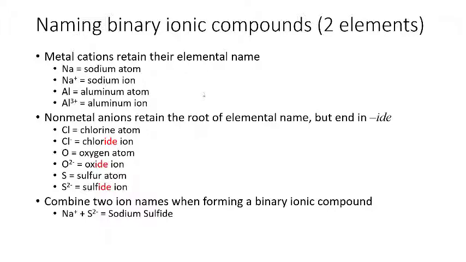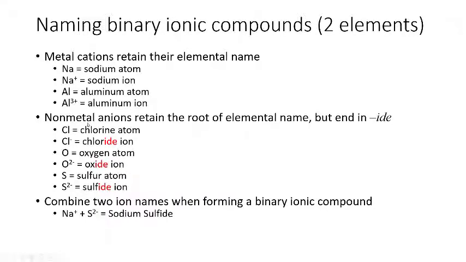When you're talking about the metal cations, they retain their elemental name. Whereas we call this a sodium atom, when we rip an electron away to make it into the sodium ion, we just simply call it a sodium ion. So instead of sodium atom, it's called sodium ion. That easy. When you rip electrons away from aluminum atoms, you get the aluminum ion.